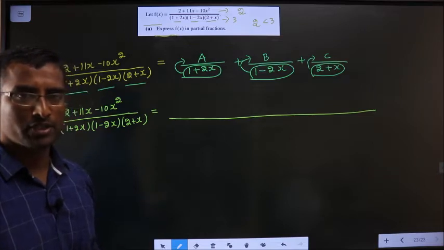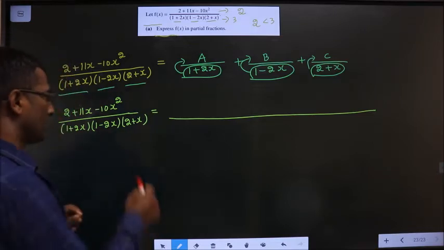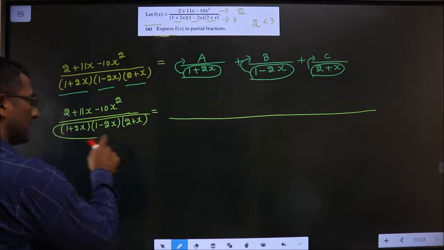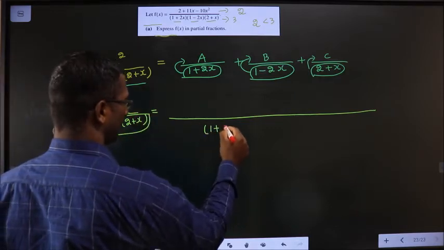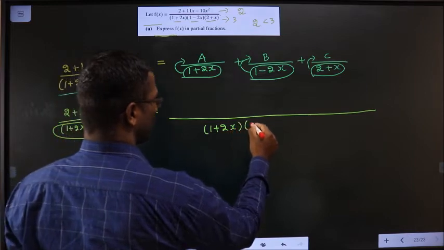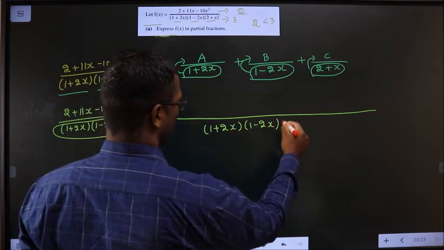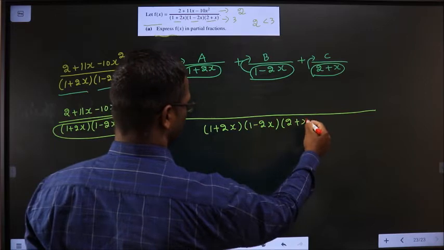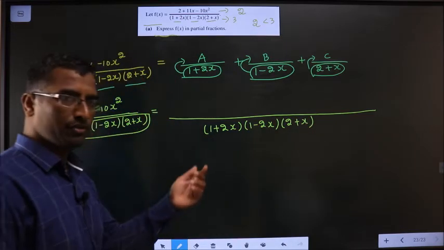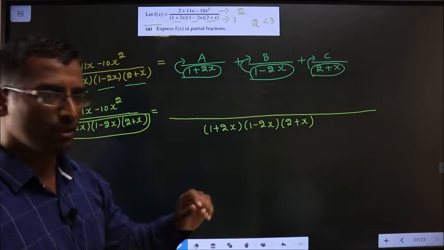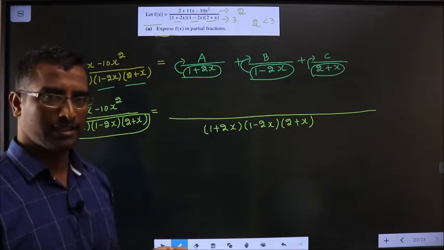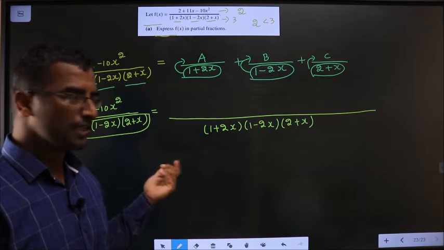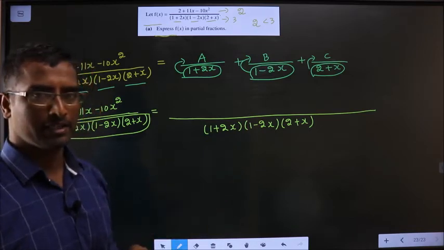Otherwise, what you could do is directly, whatever is the denominator on this side, write the same denominator here, which is 1 plus 2x, 1 minus 2x and 2 plus x. Even if you take the LCM and write, fine, or directly take from here and write here. My advice is, whatever is the denominator here, here also you will get the same denominator.